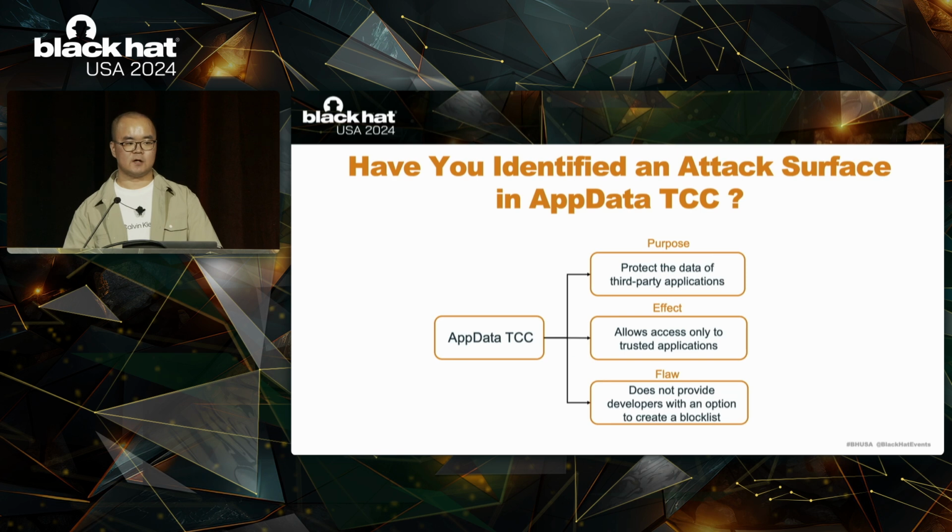The purpose of AppData TCC is to protect the data of third-party apps. Logically, this approach is sound because it has an allow list to limit access. Only trusted applications can access a protected container folder. But it doesn't provide developers with an option to create a block list.